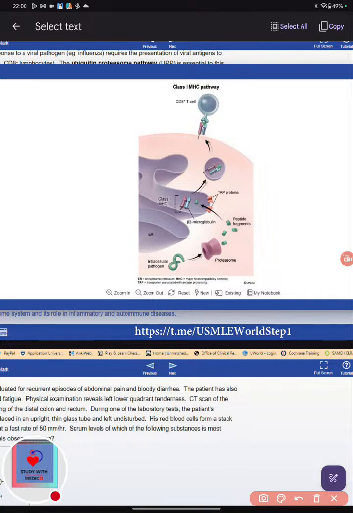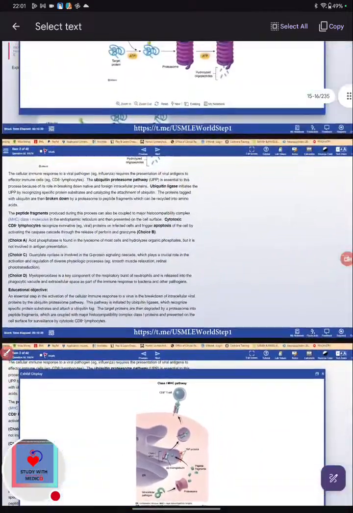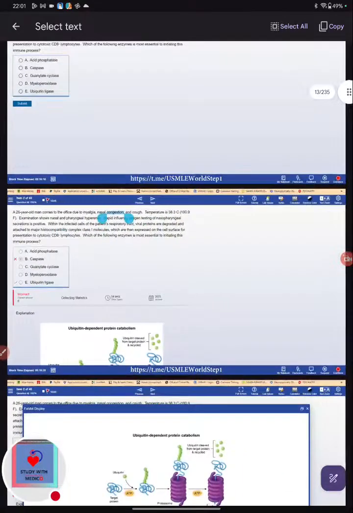TAP is nothing but transporter associated with antigen processing. Then the protein is expressed to the CD8 plus T cell, and the CD8 plus T cell is activated, and further processes take place. The correct answer is ubiquitin ligase.